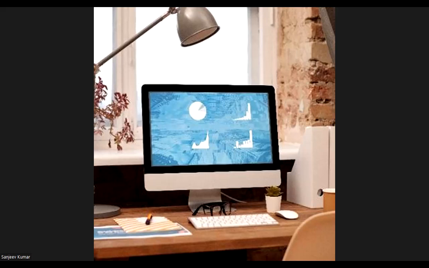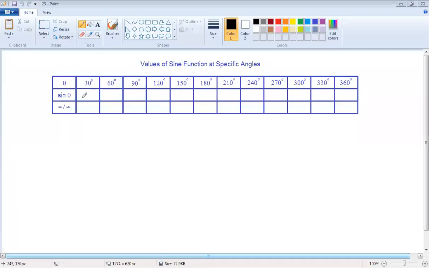I will be asking you. What is sine of 30 degree? Sir, 1 by 2. 1 by 2, which is equal to 0.5, because we want to draw the graph of sine theta. So we will be needing the values in the decimal form. What is sine 60 degree? Sine 60 degree is root 3 by 2.